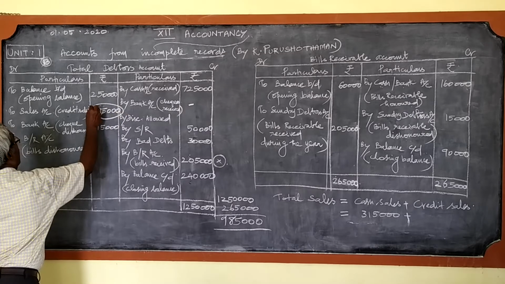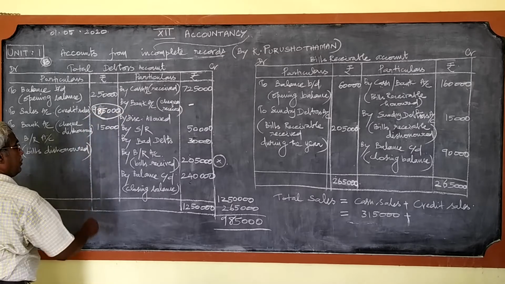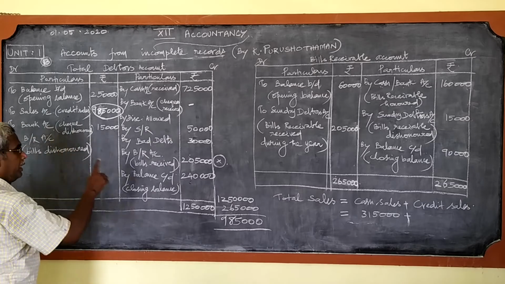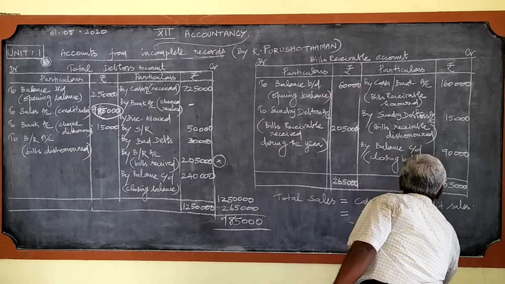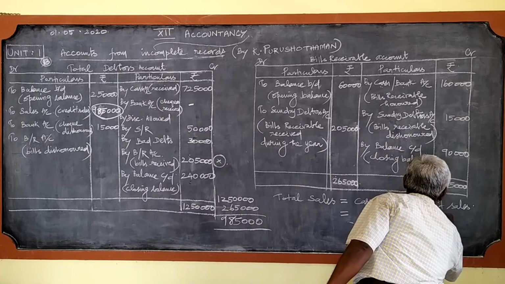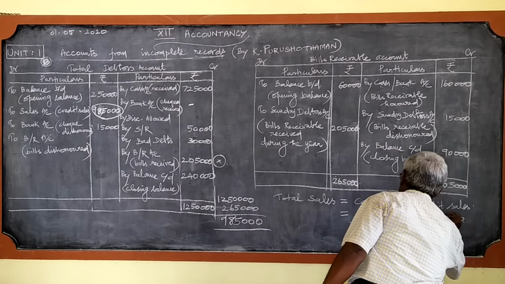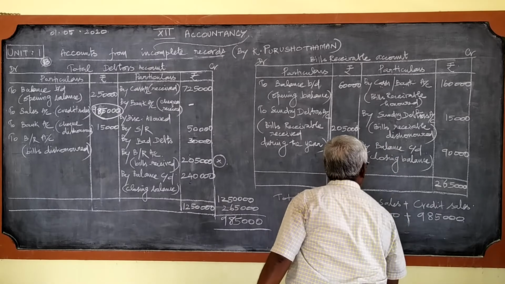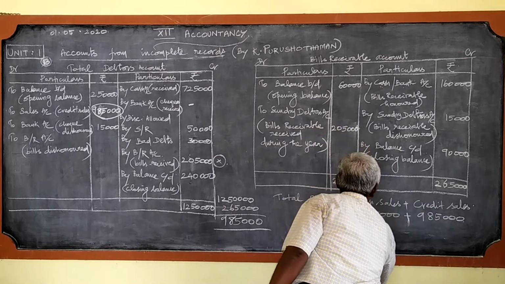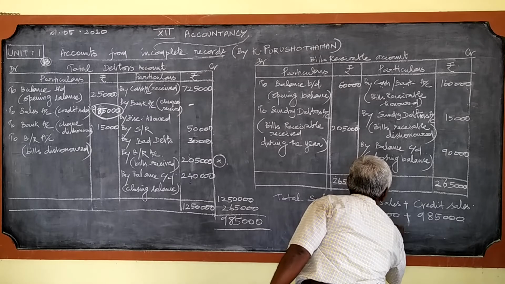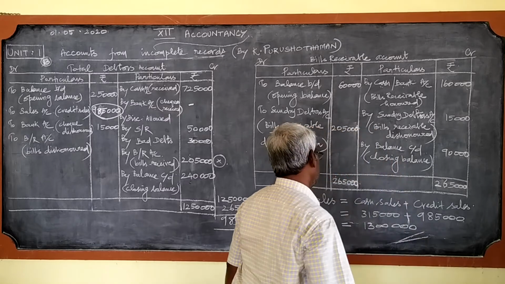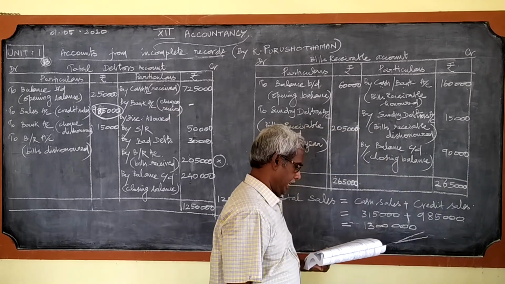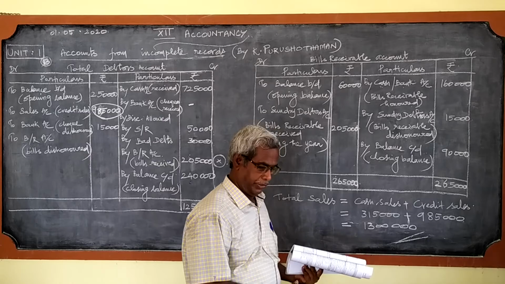This is the amount of credit sales, and that amount of credit sales must be substituted there. Now the total sales comes to 13 lakhs.